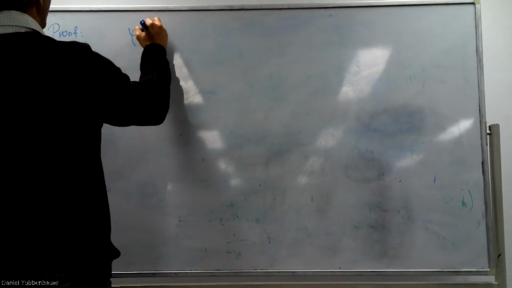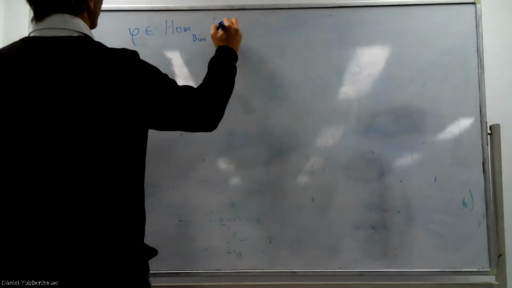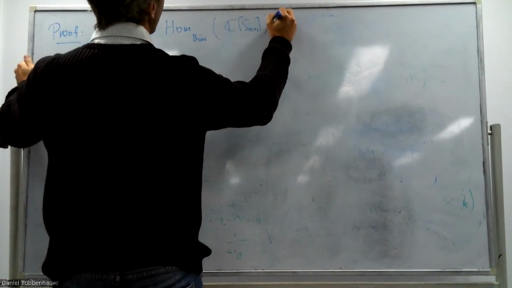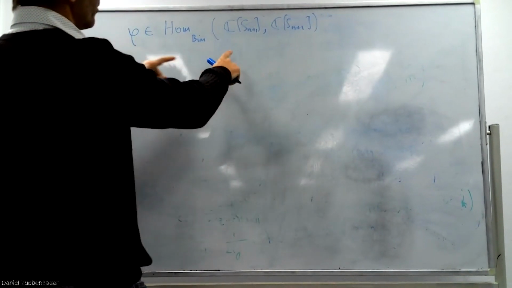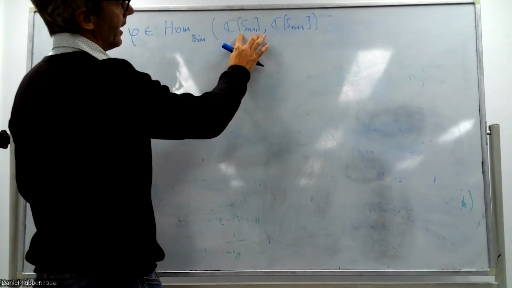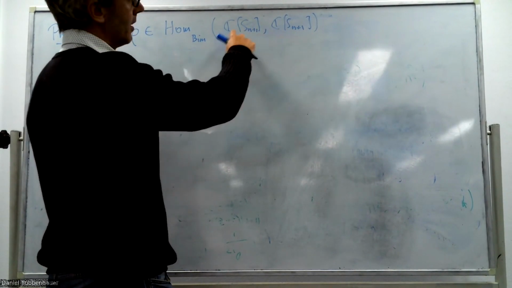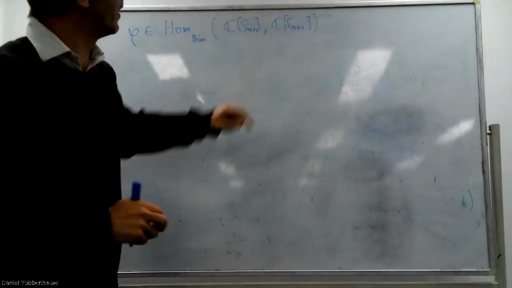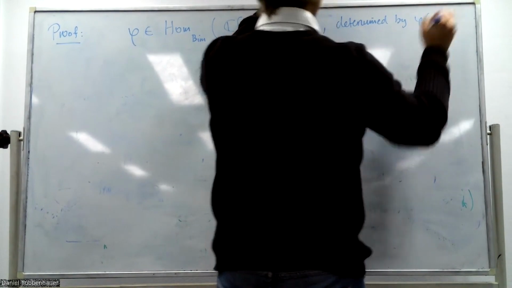So proof. If I take phi inside Hom of bimodules from CS_{n+1} to CS_{n+1}, in particular it's a right CS_{n+1} morphism, so it's determined by where it sends 1. Determined by phi(1).